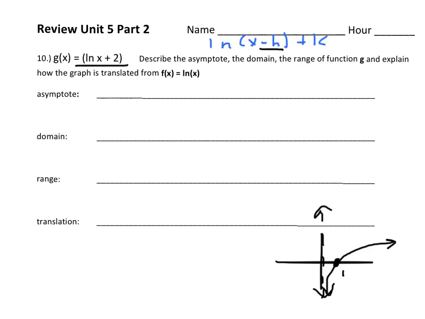Think of it like this. If I were to write ln of x, I'm taking the ln of x. So in a sense, there's parentheses right there, and then it's going to be plus 2. Matter of fact, do I even need these parentheses here and here? The answer is no. You don't need those parentheses. So this is actually what the function is right here.